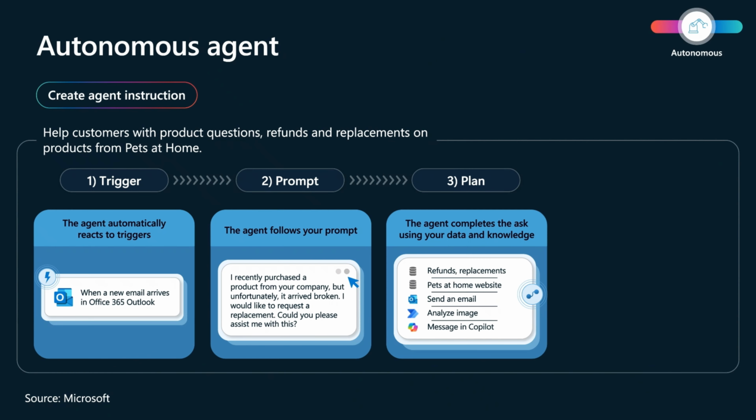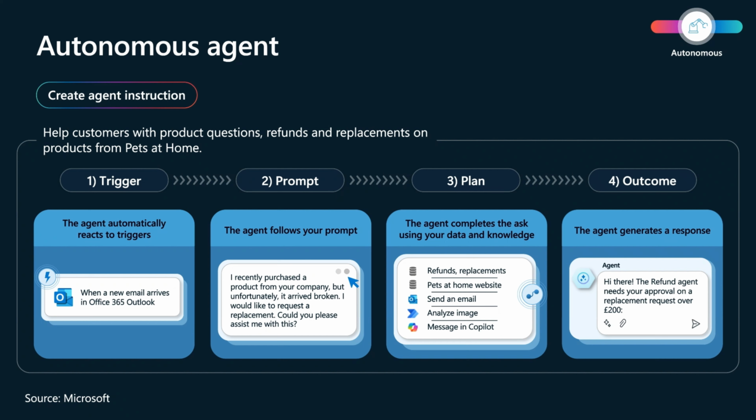The next actions, for example, visiting the refunds replacement database, then the Pets at Home website, then creating an answer, then sending an email, and the last action, for example, the agent generated response. So for example, in this case, "Hi there, the refund agent needs your approval on a replacement request over £200." So this is happening without human interaction, because we provided the agent with tools and knowledge.